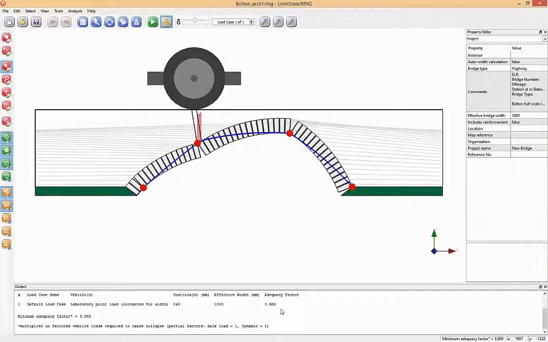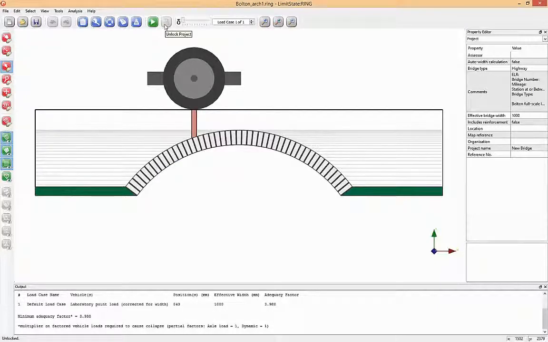In other words, around 4 kilonewtons as the applied load, which is very close to the experimental value, which turned out to be 4.2 kilonewtons.